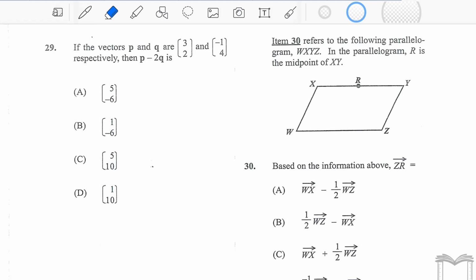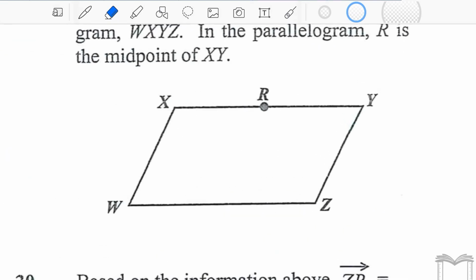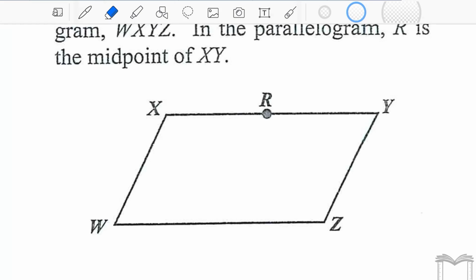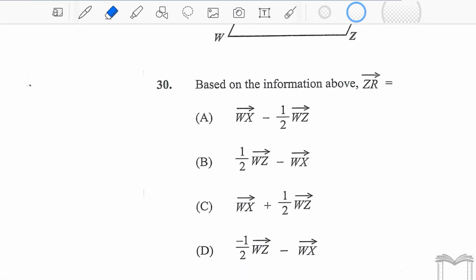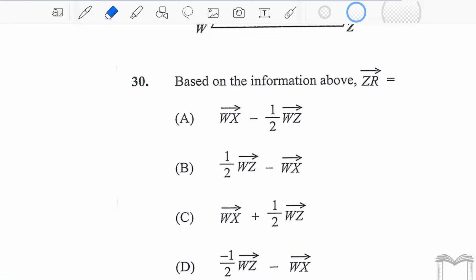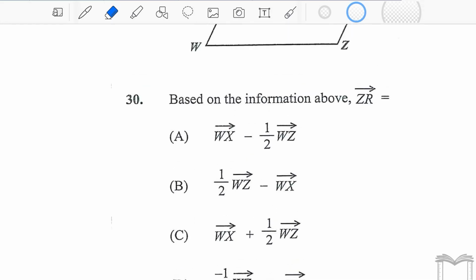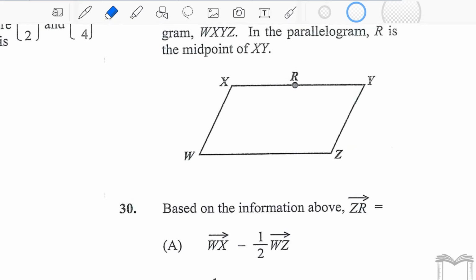Item 30 refers to the following parallelogram WXYZ. In the parallelogram, R is the midpoint of XY. So we are seeing this here. Based on the information above, vector ZR is equal to. So let's firstly have an idea of what vector ZR is.